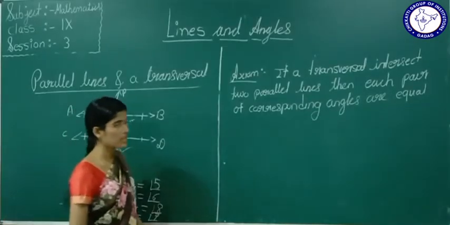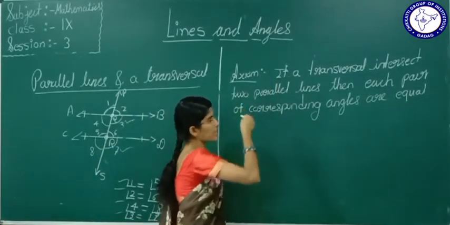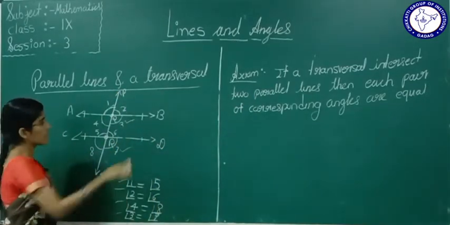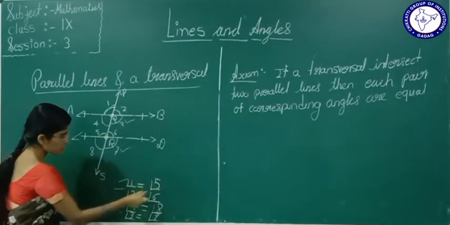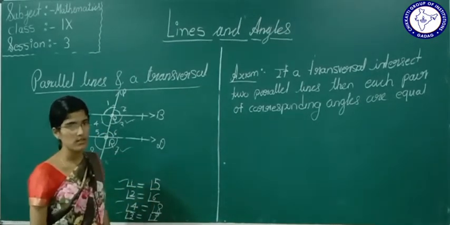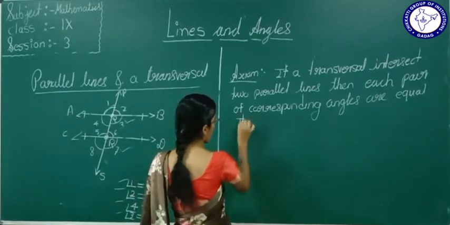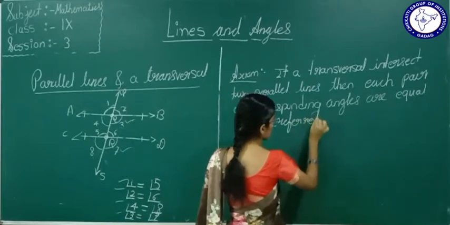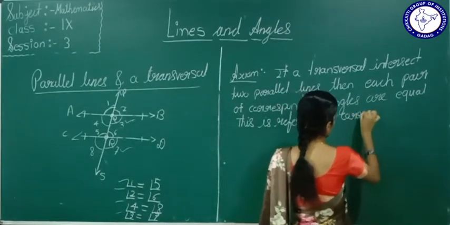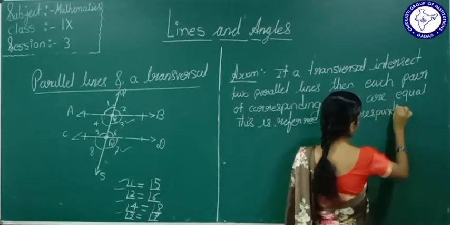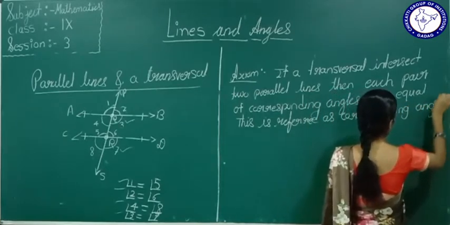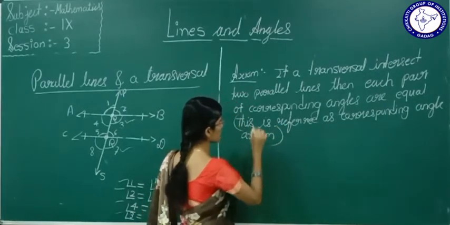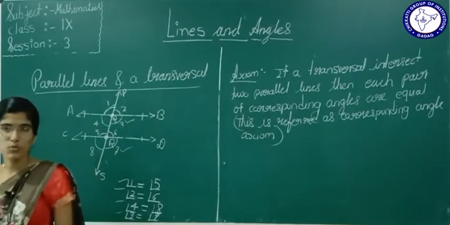The axiom tells us that if a transversal intersects two parallel lines, then each pair of corresponding angles are equal. This is referred to as the corresponding angle axiom.